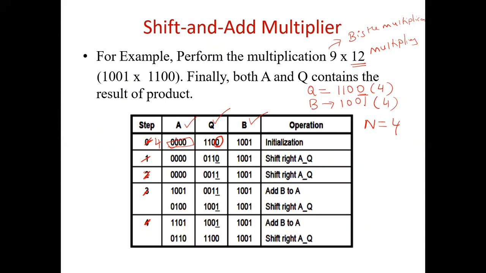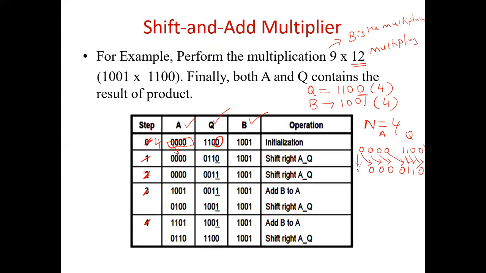How will I perform the shift operation? I will write here: A value 0, 0, 0, 0 and Q value 1, 1, 0, 0. Each 0 of A will be shifted one position. This is A and this is Q. This 1 will be shifted here, this 1 will be shifted here, this 0 will be shifted here, and this last 0 is left out.